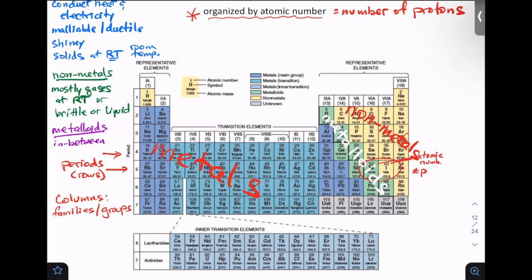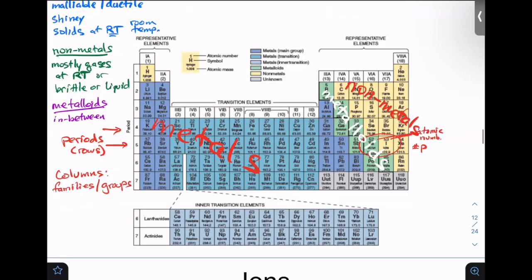And it's good to be familiar with these names because they're used a lot, and you should know what they mean. So for example, the family name in group 1, everything that's in this first column here, these are called the alkali metals. Everything in group 2, these are called the alkaline earth metals.